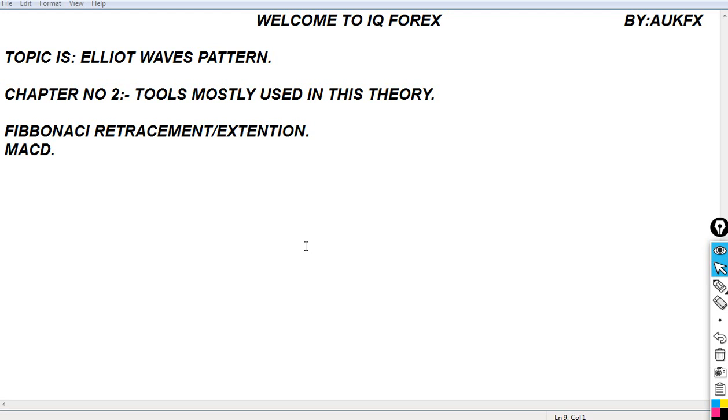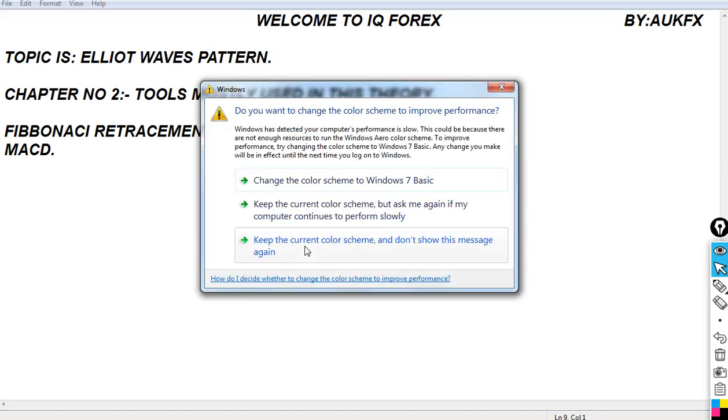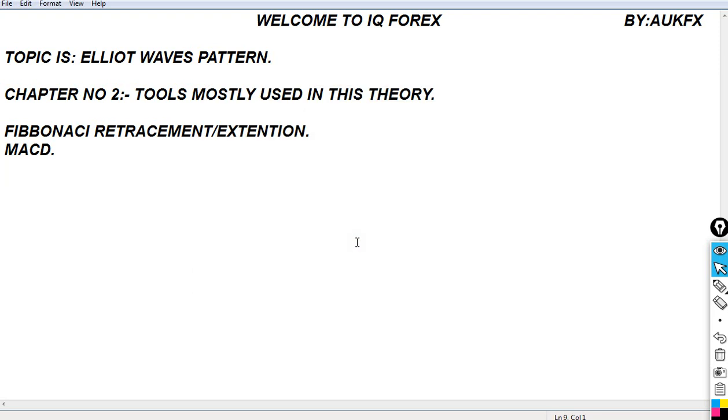It's impossible to find out in a bigger chart. So there is a rule, and the rule is that you have to find a convergence or a divergence in MACD.